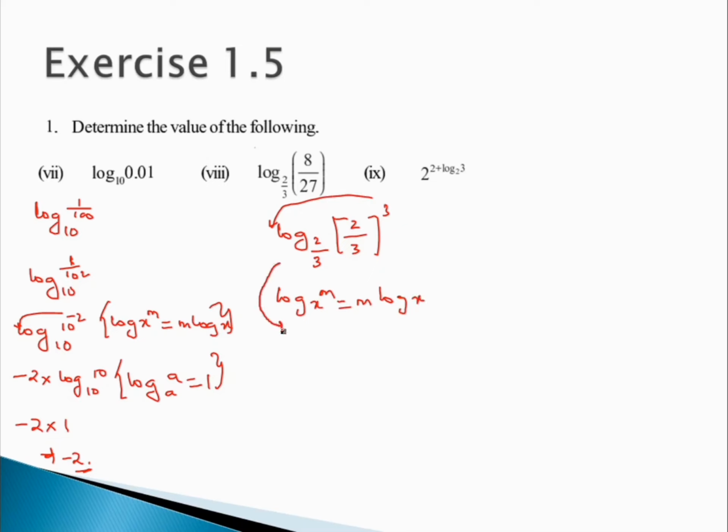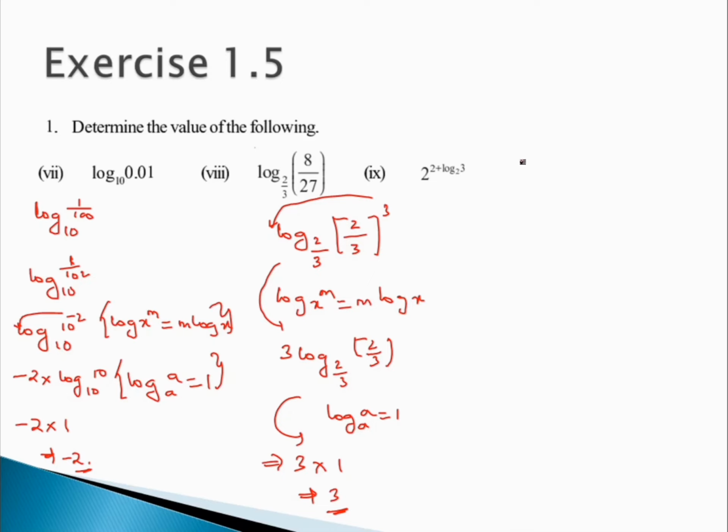Using this, I can write this as 3 of log of 2 by 3 to 2 by 3 only, right? So in log a of a, I can take this as 3 into 1. So overall answer is 3 in this case, right? So let's look at the ninth one over here.